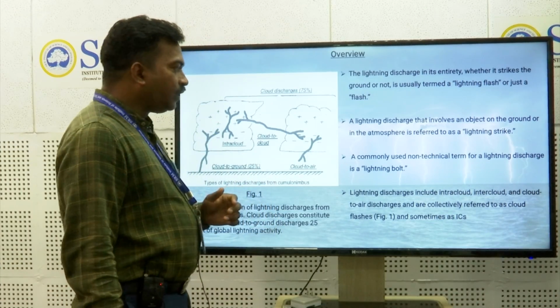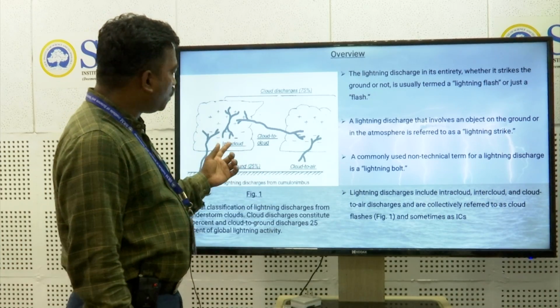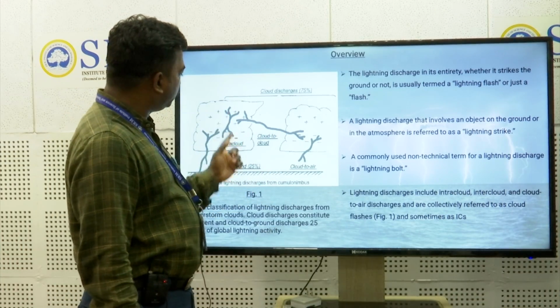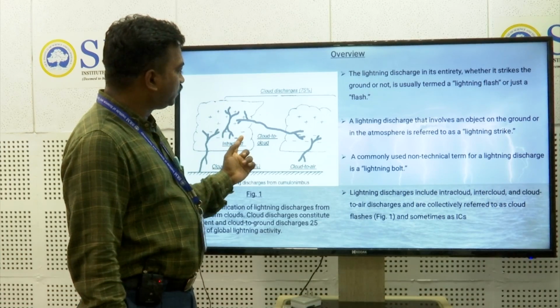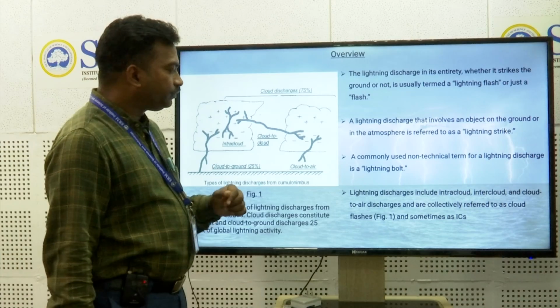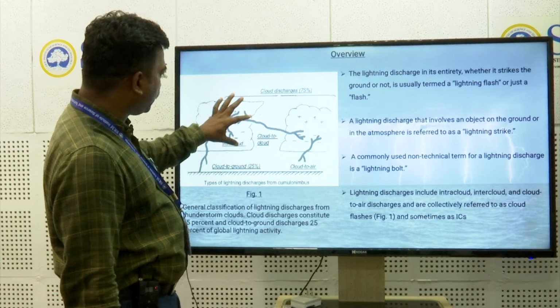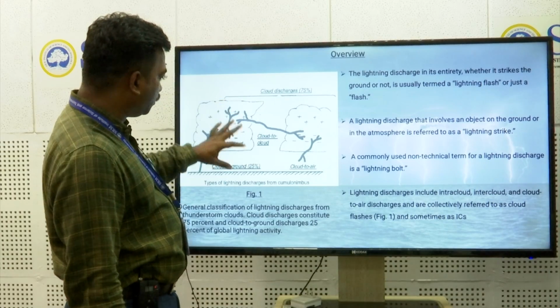Lightning discharges can be intra-cloud, inter-cloud, cloud to air, and cloud to ground. These are the various lightning mechanisms that happen within the cloud and from cloud to ground.